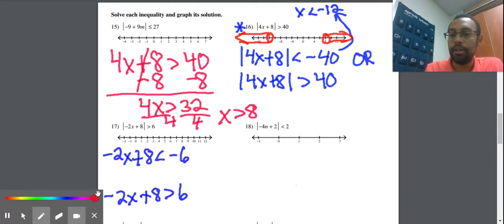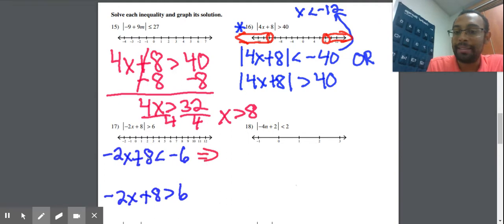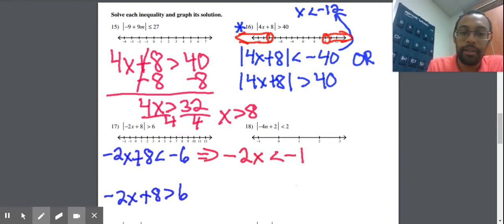So we're going to do this in a different color. Looking at the first one, when I subtract 8, I'm going to get negative 2x is less than negative 14. And then when I divide everything by negative 2, because I'm dividing by a negative, the sign switches. I'm going to get x greater than 7.